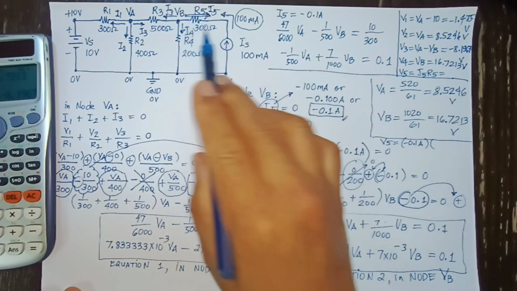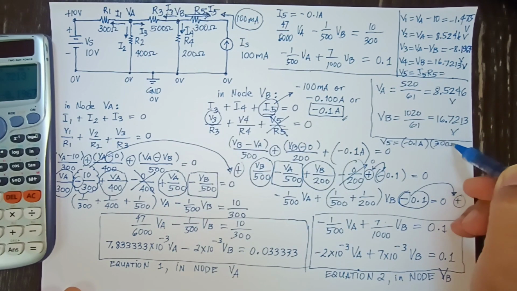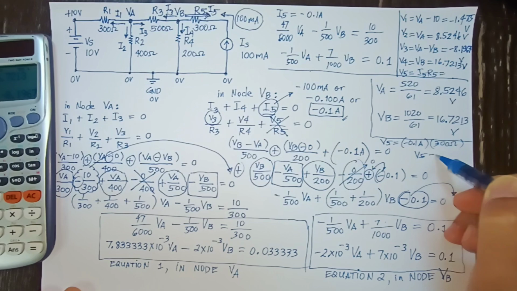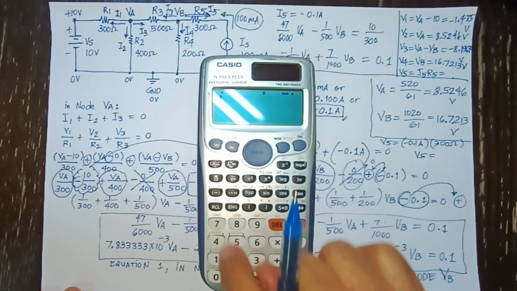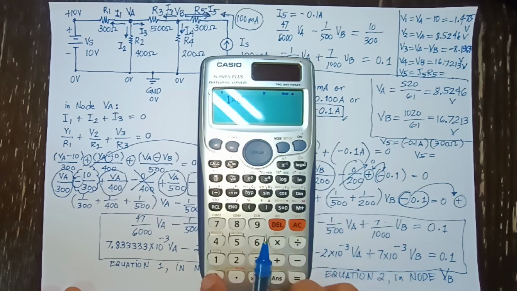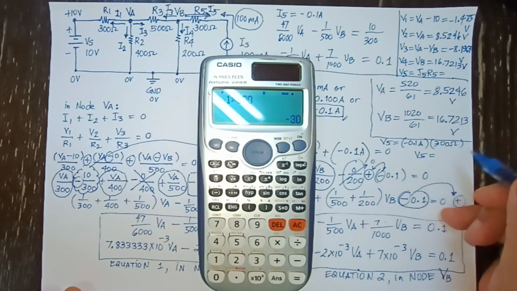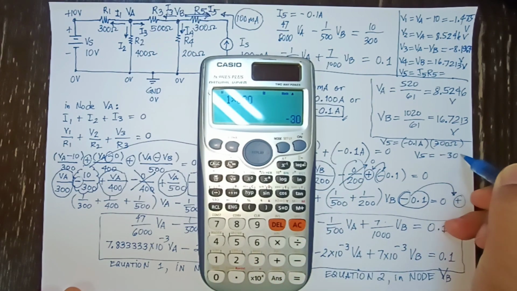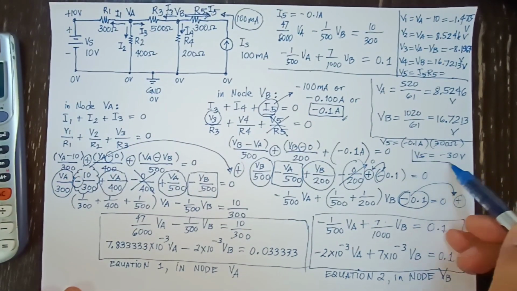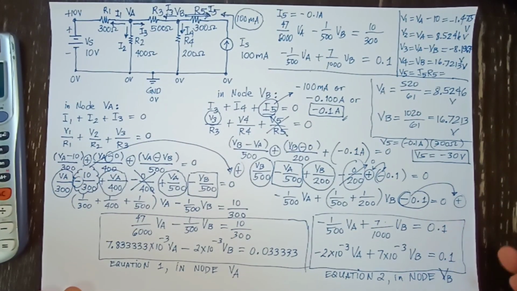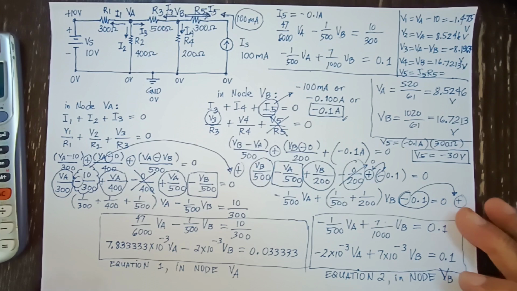And I'll be getting V5 as a minus value because we used a direction to the right for I5, which is opposite the actual IS direction. Anyway, we got a value of minus 30 volts for our V5. And there you go, we have the voltages across each of the resistors in our circuit.